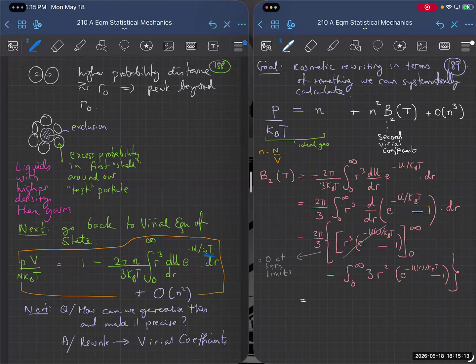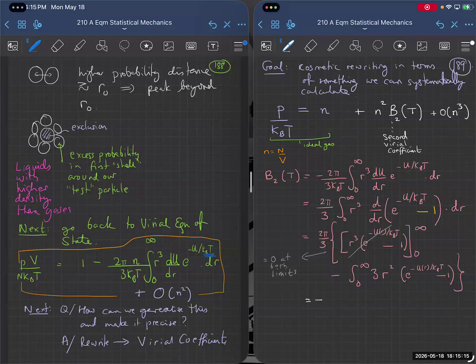And I'm going to write that last term in the following way, as minus 1/2 the integral from 0 to infinity of, I've got the 2 pi over 3, so this is minus 1/2 times 4 pi r squared dr times e to the minus beta u of r minus 1.